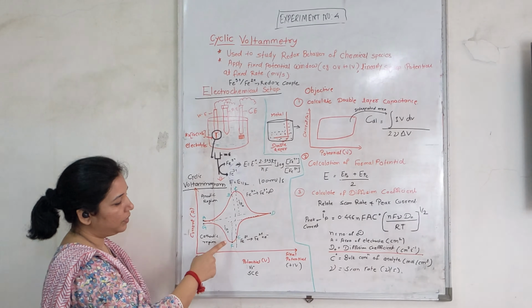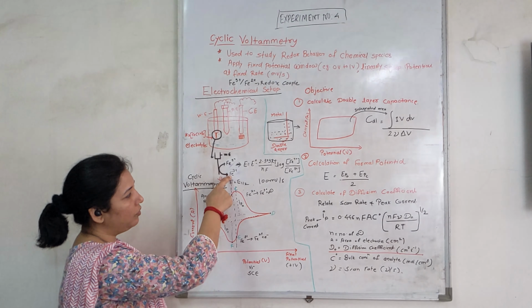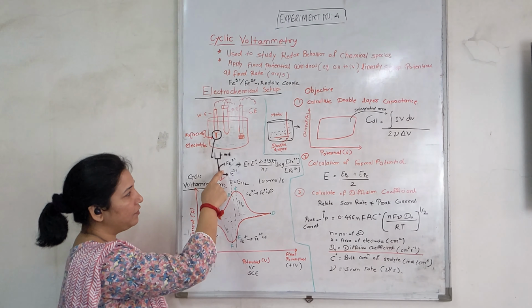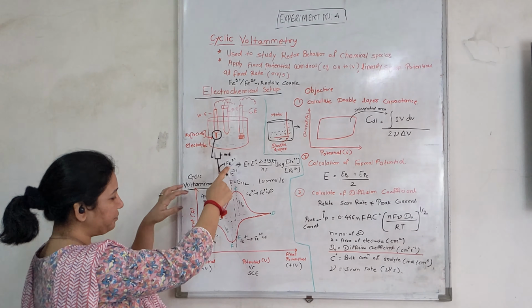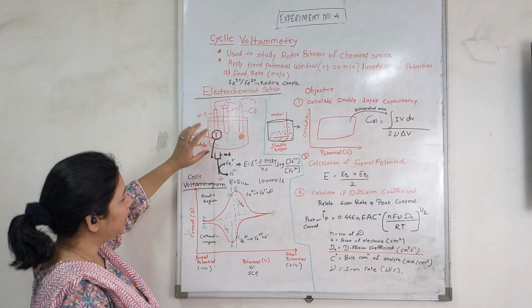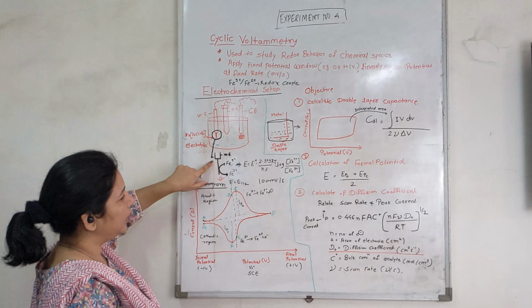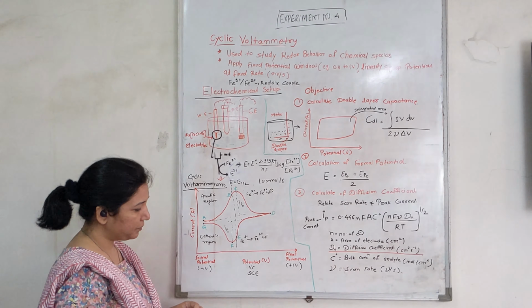As you go toward more negative potential, most of the Fe3+ at the interface is reduced to Fe2+. Again the Fe3+ present in the bulk comes towards the electrode surface, and because of this the current is again decreasing.